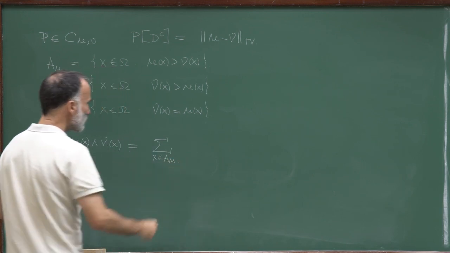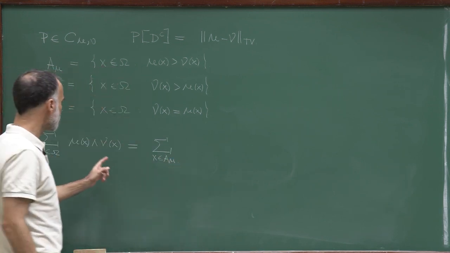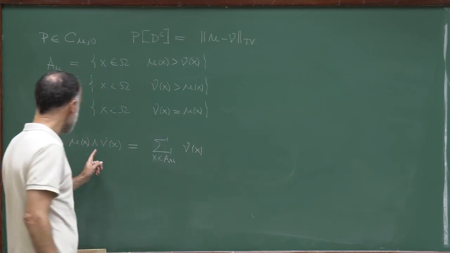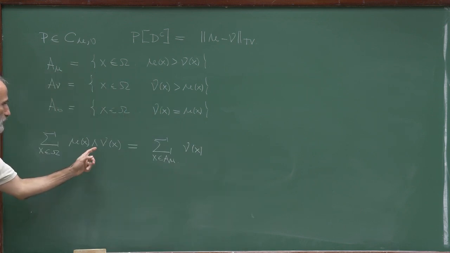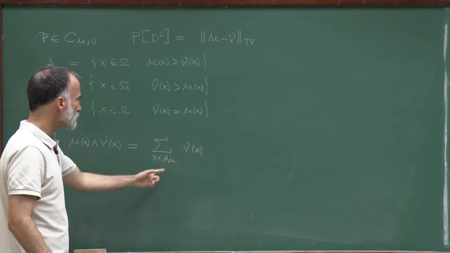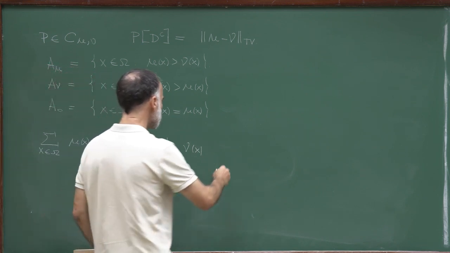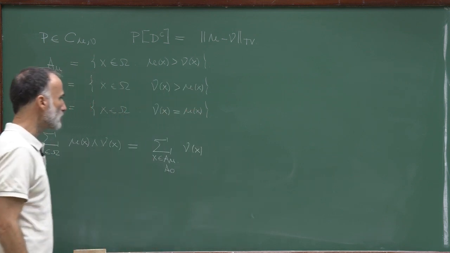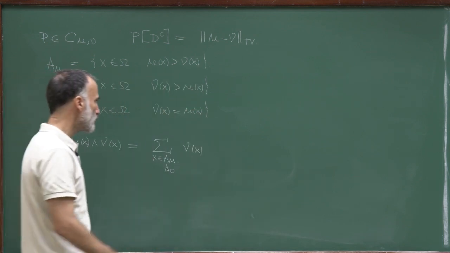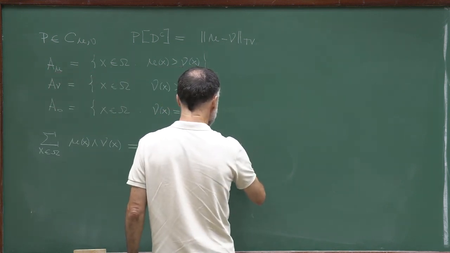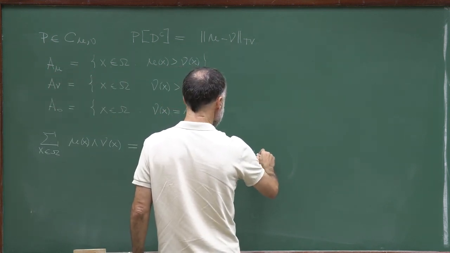So on the set A mu, mu is larger, and since I'm taking the minimum, this is nu x. Mind, I didn't say it, but this represents the minimum between mu x and nu x. So in A mu, this is nu x. Let's say that in A0 they are equal, so I can take any of them. And then on A nu, this is mu of x.